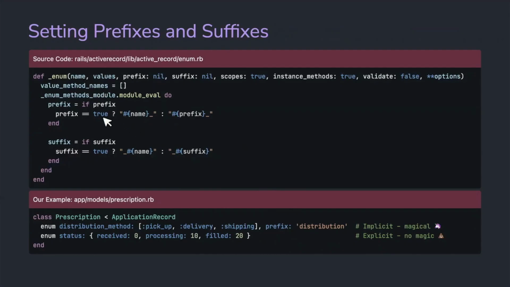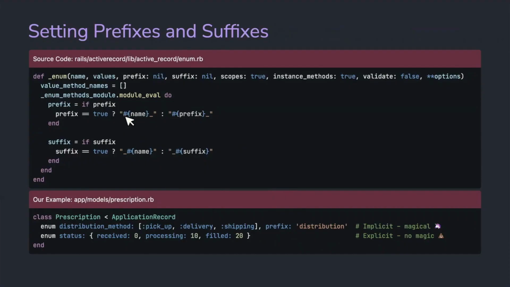So it's drawing from that. If it's not true, we're using prefix, which is whatever is passed in. This right here, this question mark and colon, that's called a ternary operator, and that's a fancy way of doing an if-else statement, another Rails magic syntactic sugar type thing.